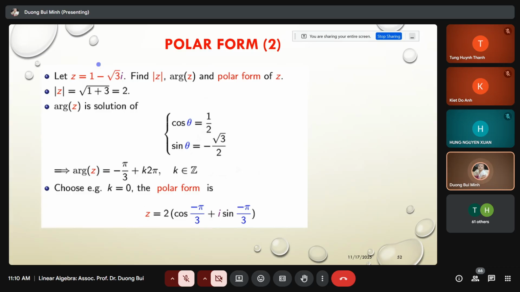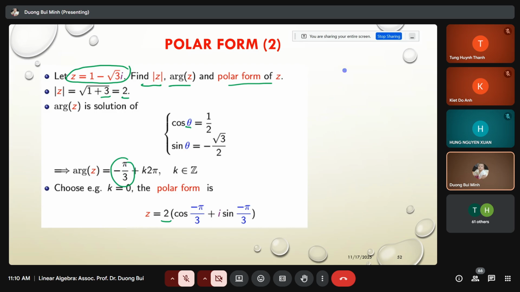For example, we have z like this one. We find the absolute value of z, the argument of z, and the polar form of z. The absolute value of z is the square root of 1 plus minus square root of 3 squared, which is 3 plus 1, so you get 2. And theta is minus pi over 3.